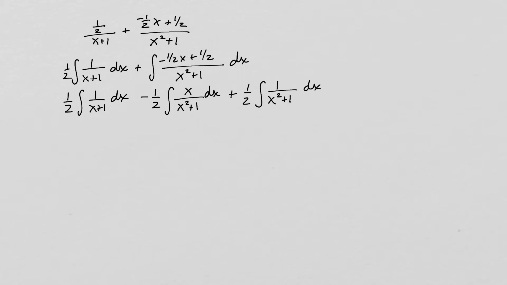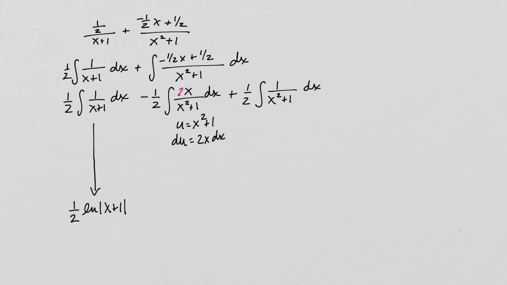Okay. So now the first one I can just integrate. This one here is going to end up being 1/2 the natural log absolute value of x plus 1. That's that trick I talked about. This second one I can use u substitution. So u is going to be x squared plus 1, so du is going to be 2x dx.